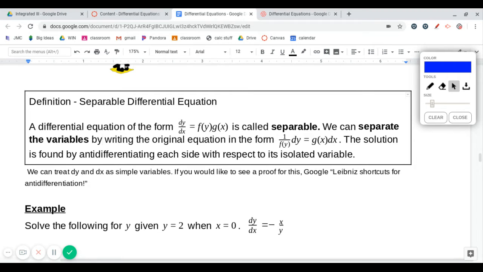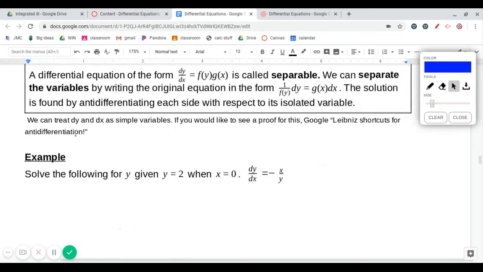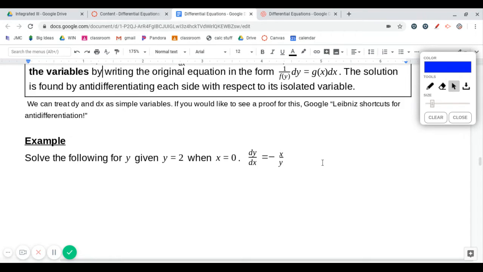And the solution is found by anti-differentiating, integrating each side with respect to its isolated variable. So we're going to integrate this side with respect to dy, and this side with respect to dx. We can treat dy and dx as simple variables, meaning we can break them apart. If you want to see proof of this, go ahead and Google Leibniz shortcuts for anti-differentiation if you're interested.